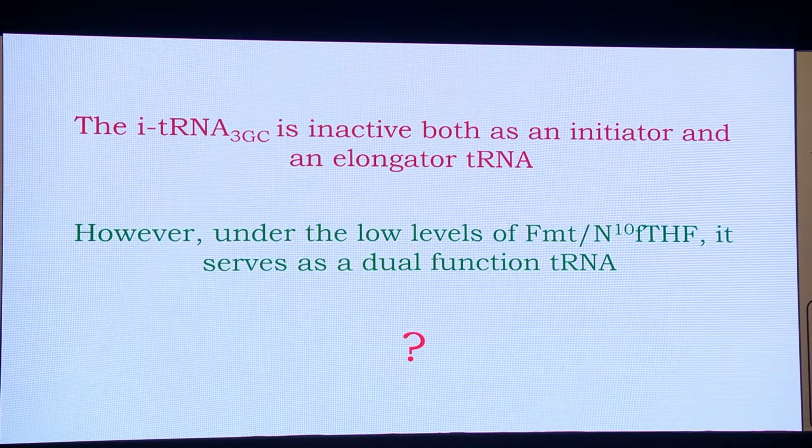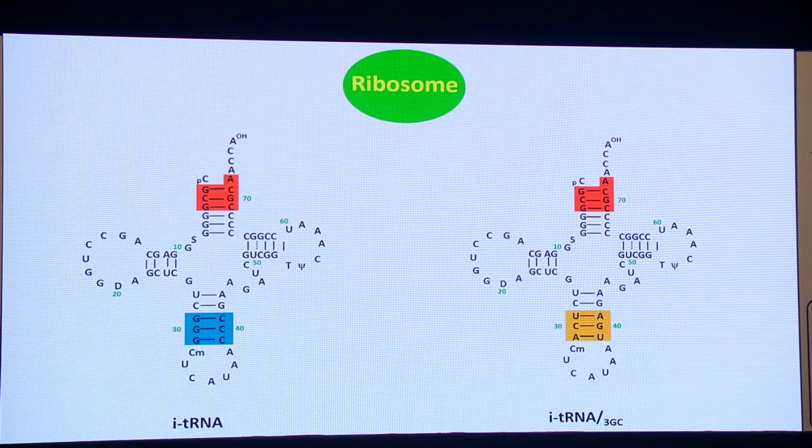So the question is, how does it do it? Now, if we look at this very primitive model here, let's say we have these two tRNAs. Both of these tRNAs are aminoacylated, formylated equally well, but in the wild type background, only this one participates and this one doesn't. And the reason is that they both have to bind to the ribosome.